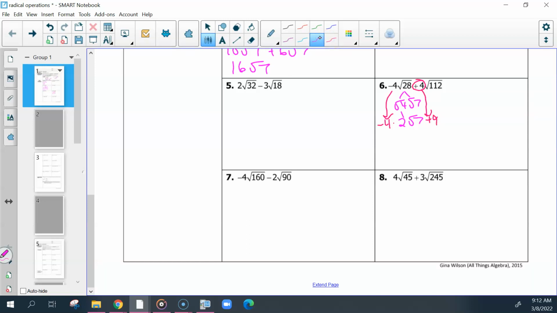And simplify 112. That looks like a 9, not a 4. What is the highest perfect square we can divide out of 112? 49 and what?